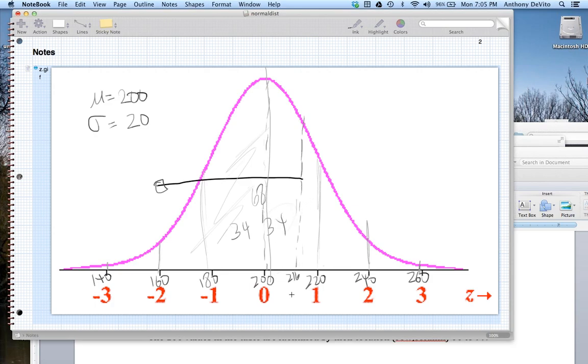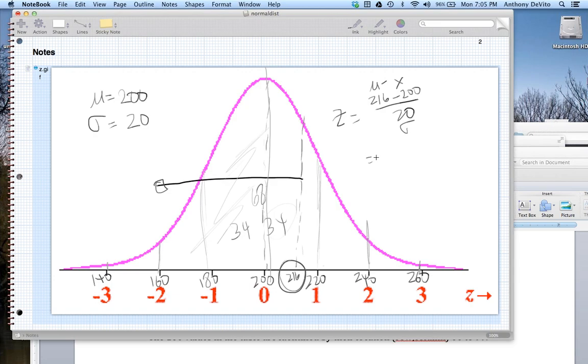So what would it be? We'd have to figure out a z-score for this value of 216. The z-score is the number of standard deviations above the mean, but it's going to be fractional, right? So the z-score is equal to 216 minus 200 over the standard deviation, which is 20. That's x minus mu over sigma.